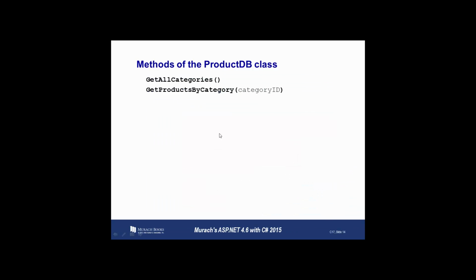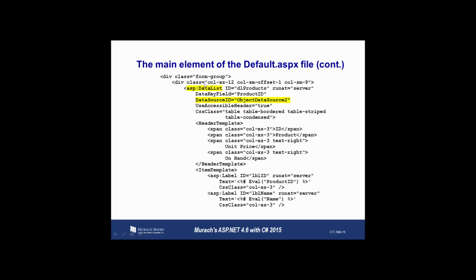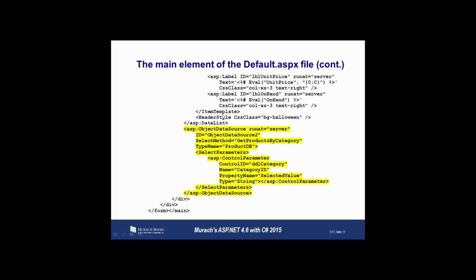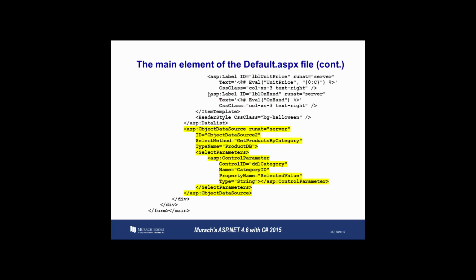This is just a lot of the ASPX code. You notice they're using Bootstrap. They actually use a data list instead of a grid view, which is fine. You guys have been through a data list control, so you should understand how that works. They have select parameters just like I do.